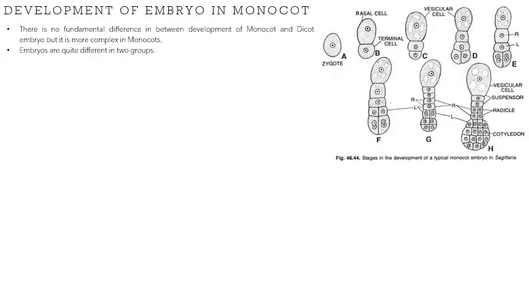The embryos are quite different in the two groups, monocots and dicots.